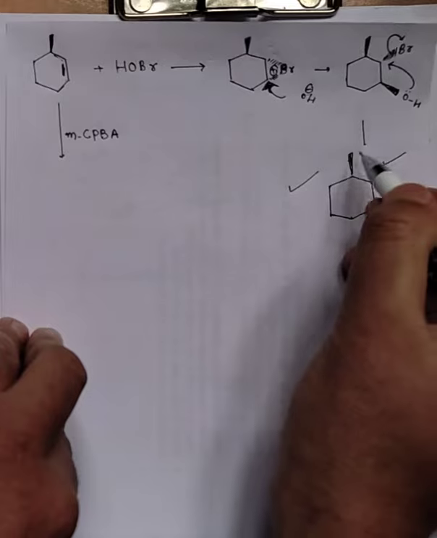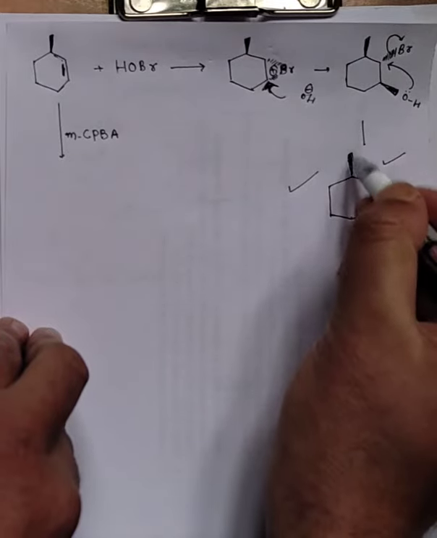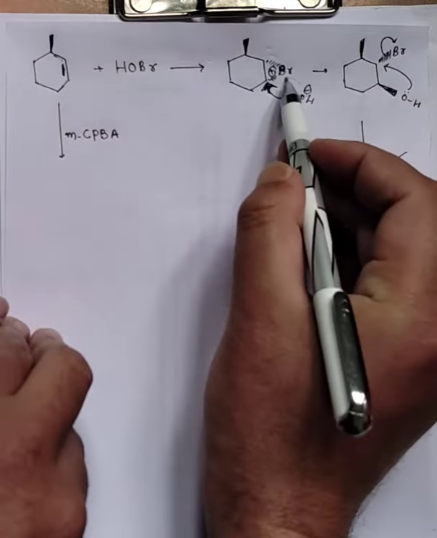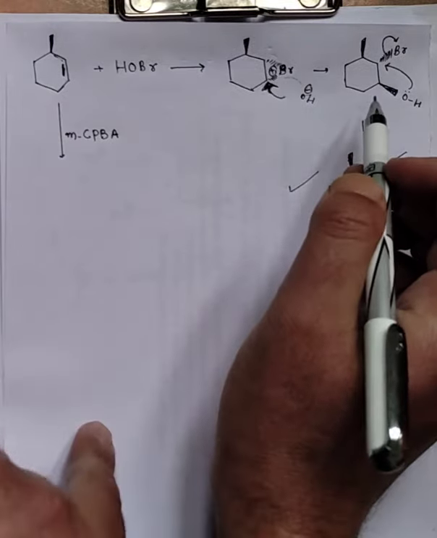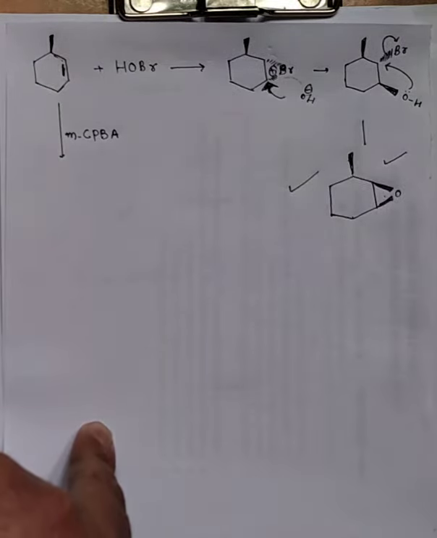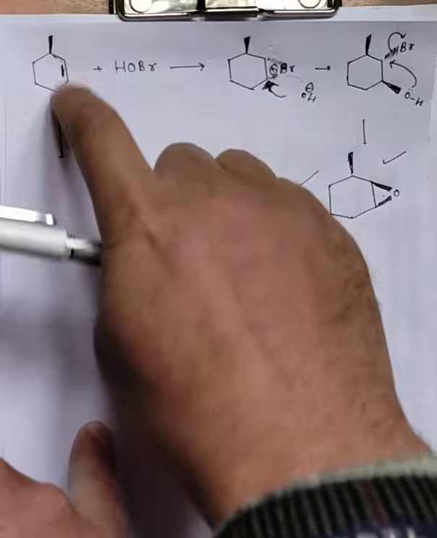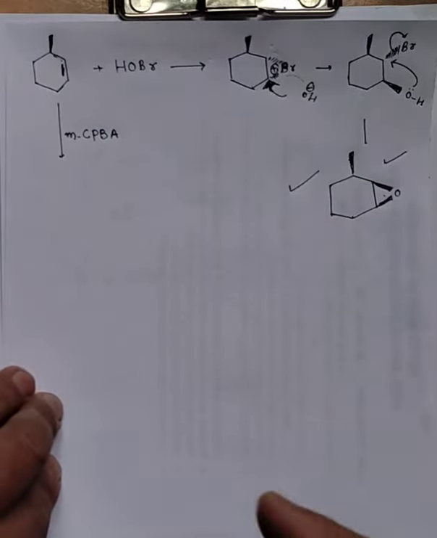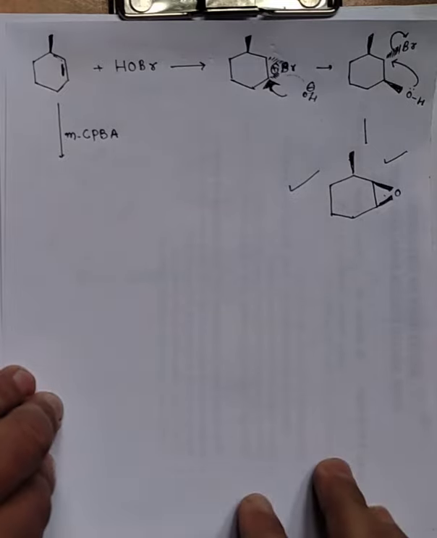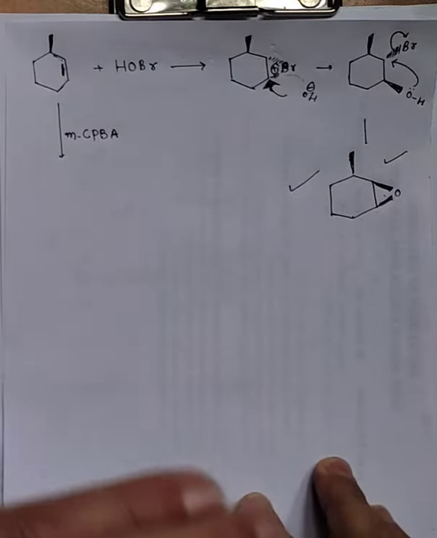So it all depends: if this group would have been below the plane, then the bromonium ion would have been formed above the plane and the epoxide ring would have been below the plane. So the stereochemistry around this double bond, the steric interactions around the double bond, will determine the compound formed.